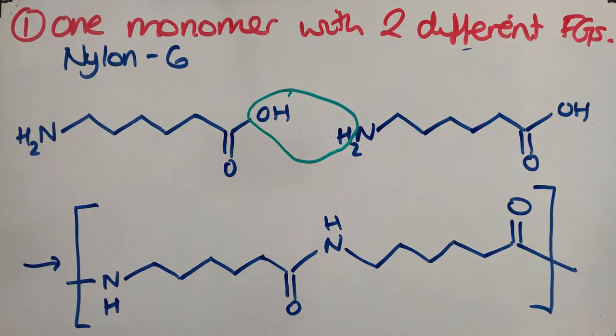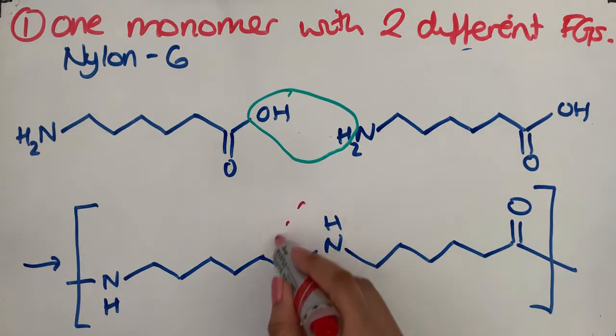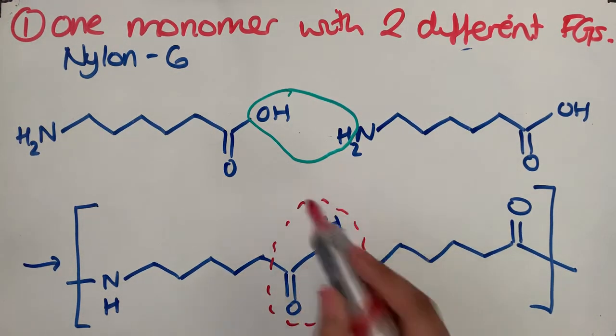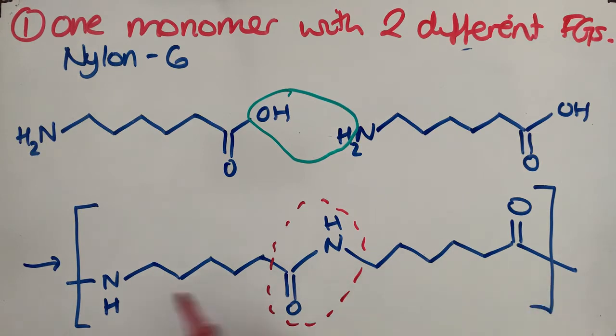So this over here is nylon 6. Okay, you've got your amide bond in the middle here. Okay, and then make sure at either end you technically should be able to connect this end to that end to form another amide, and obviously you're releasing a water molecule in this process too.